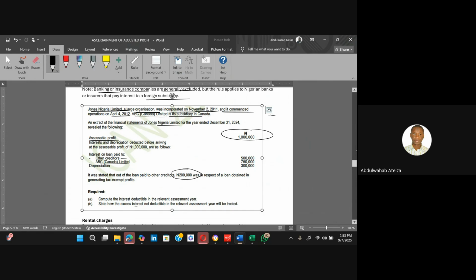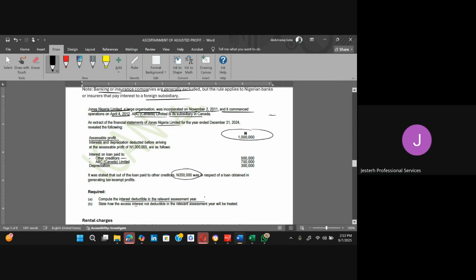Yeah, the requirement is to compute the interest deductible in the relevant years of assessment, and then state out the excess interest. So what you are asked to compute was just the interest that will be deductible in the relevant year of assessment. So the interest that will be deductible would be 300,000 from this.